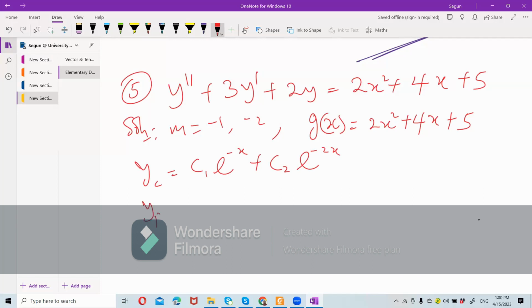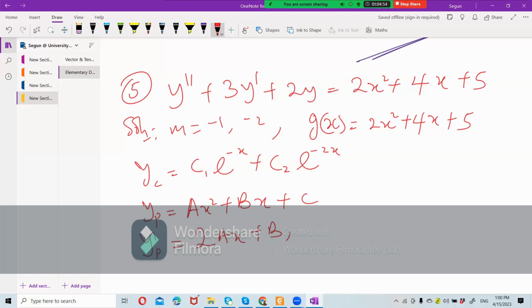Then YP will be what? AX squared plus BX plus C. Do you agree? Yes, sir. Then let's differentiate YP first. First derivative of YP, you have 2AX plus B. Do you agree?